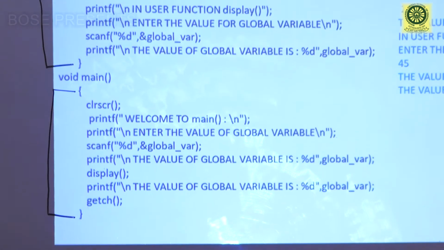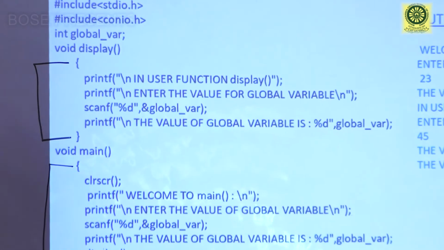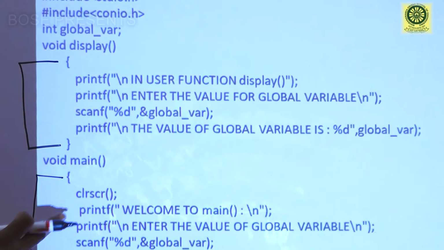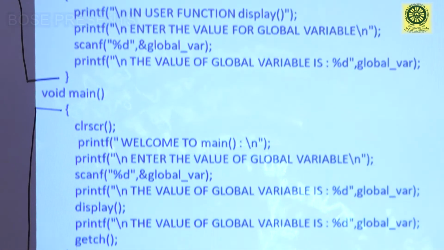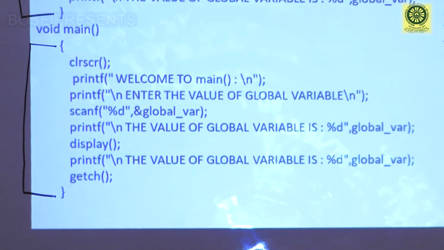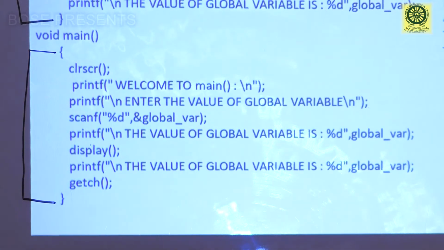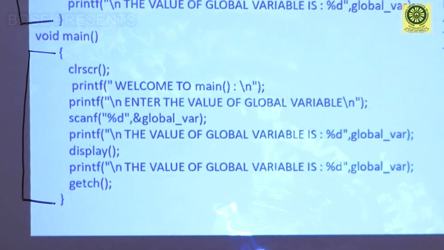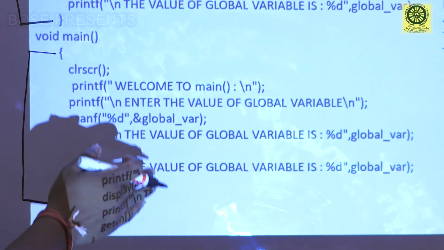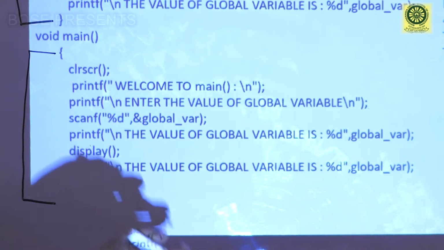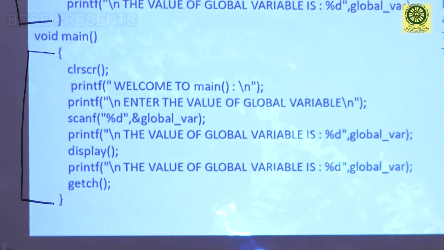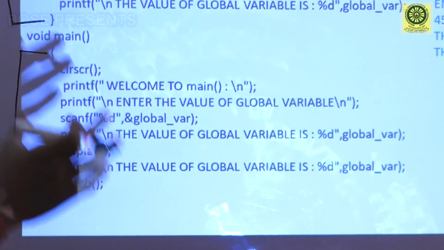That means the functionality of clear screen is defined in conio.h. The next line is printf welcome to main function. As you can see, in this printf statement there is no conversion specification character, that's why I haven't mentioned any variable name. It is just to print a message.